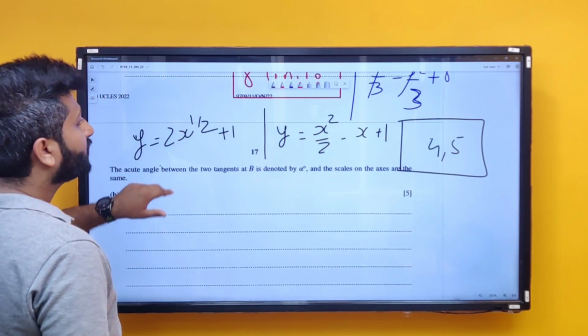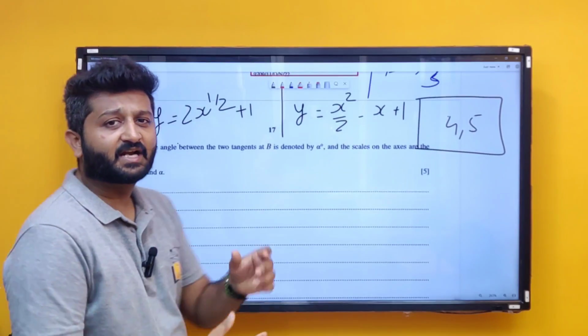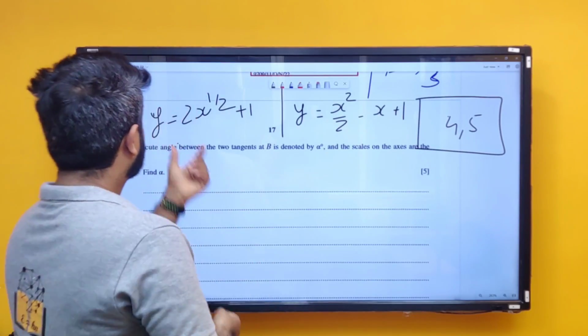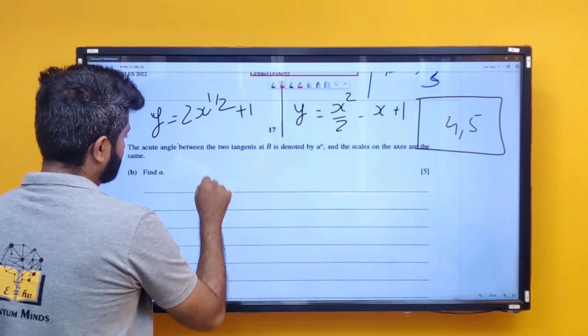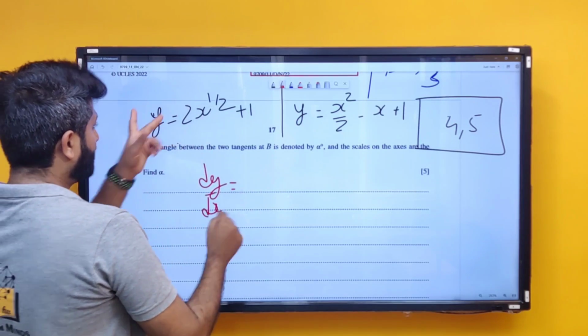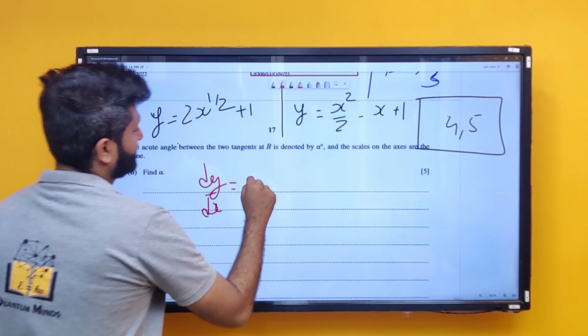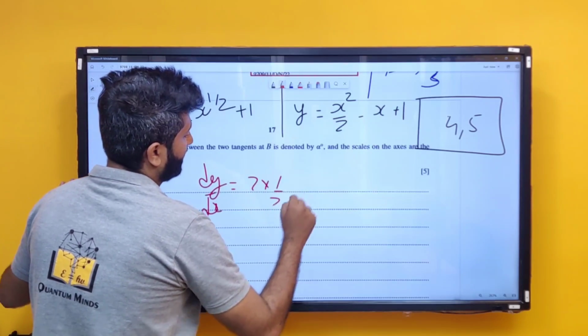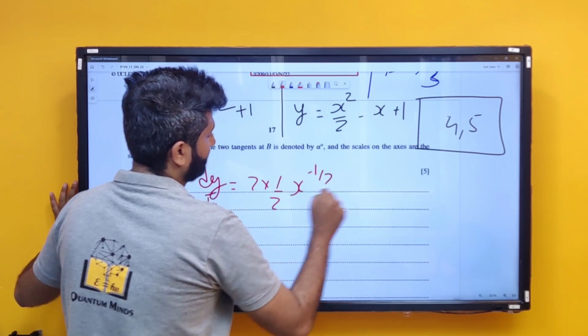So what we need to do is, first let us find dy by dx of this equation. So dy by dx of this is going to be 2 into half into x power minus half.